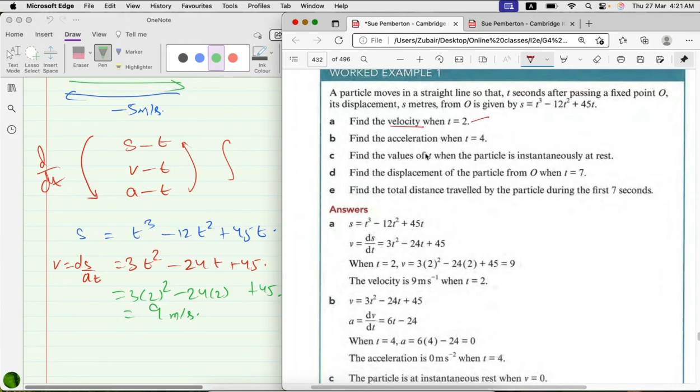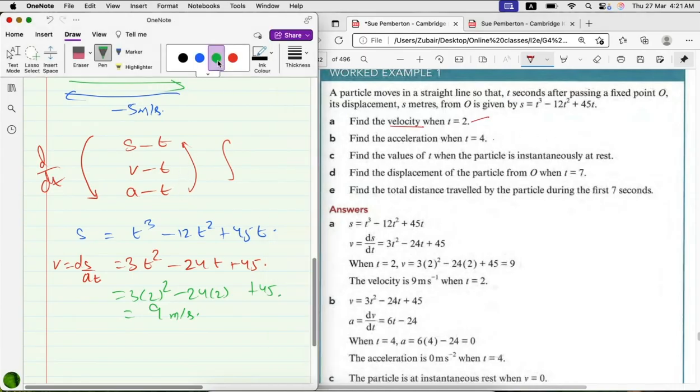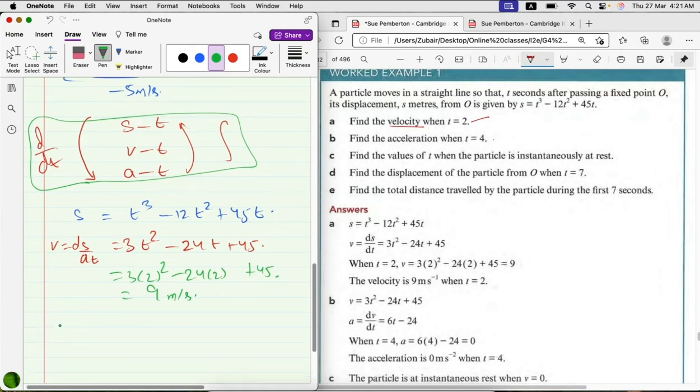Then we have to find the acceleration at t equal to 4. We already know we have to memorize this: differentiation of displacement gives velocity. The equation is right in front of me. Another derivative will give me acceleration. Velocity is already there, and acceleration is dv over dt. I'm differentiating this equation.